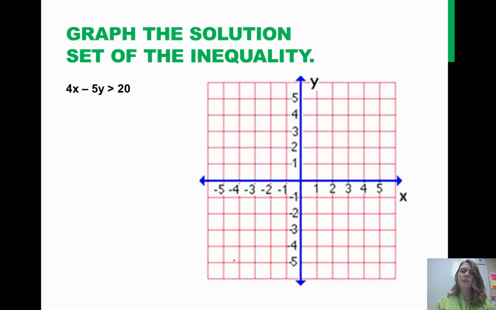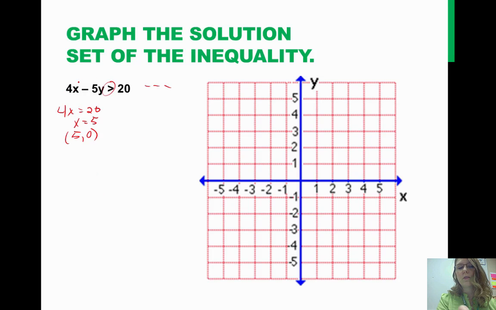So let's look at an example. Here we have 4x minus 5y is greater than 20. Notice that because it is greater than, we're going to use a dashed line. And since it's not solved for y, it's in standard form, I'm going to use the intercept rule to find my points. If I put 0 in for y, I get 4x is equal to 20. x must be 5 then. So my first point I'm going to plot is 5, 0.